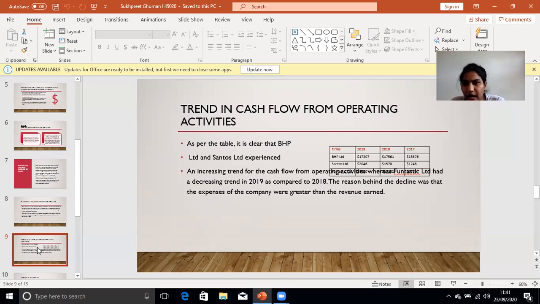The reason behind the decline was that the expenses of the company were greater than the revenue earned, and BHP Limited and Santosh Limited had an increasing trend in 2019 as compared to 2018.